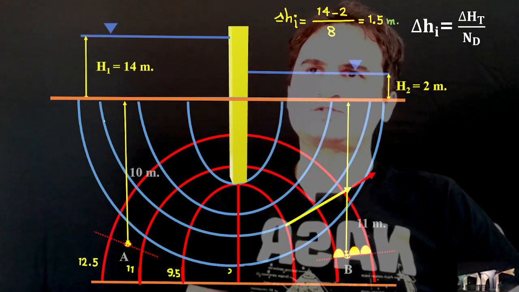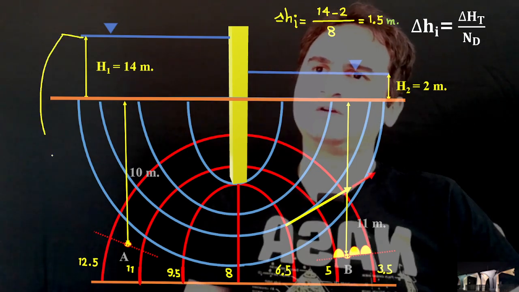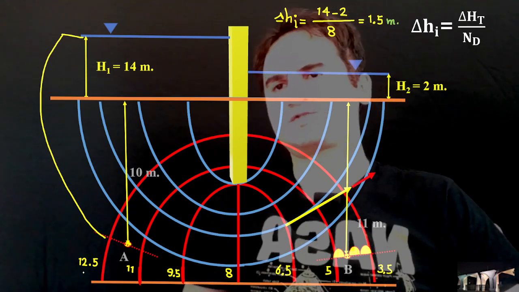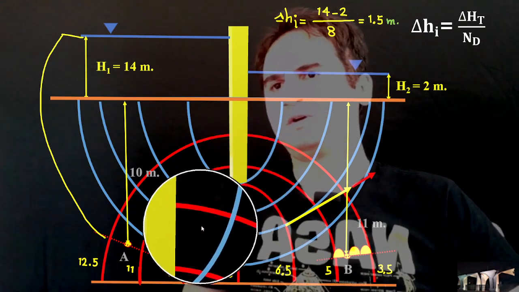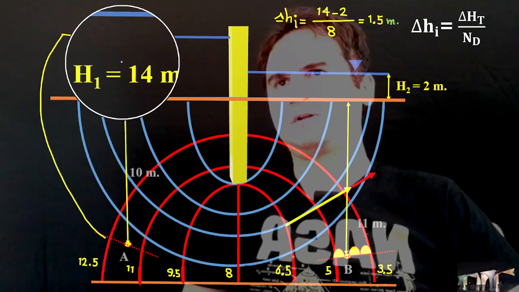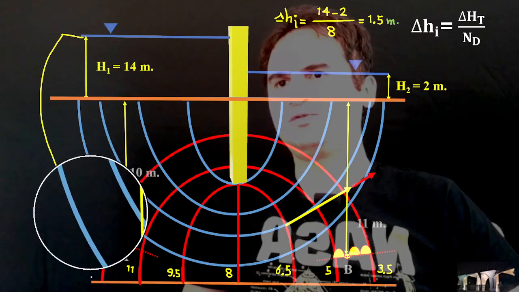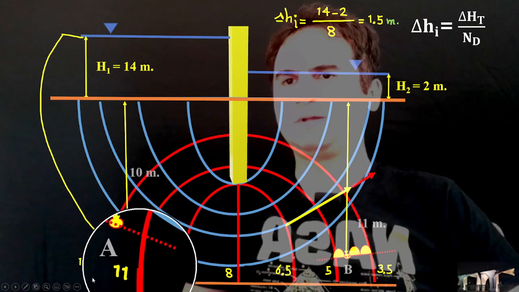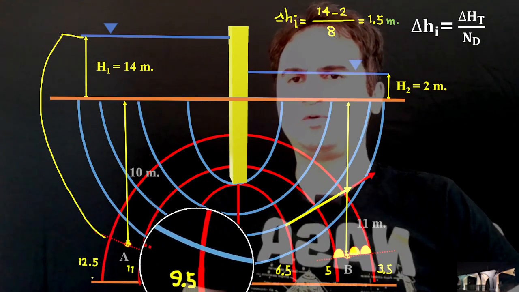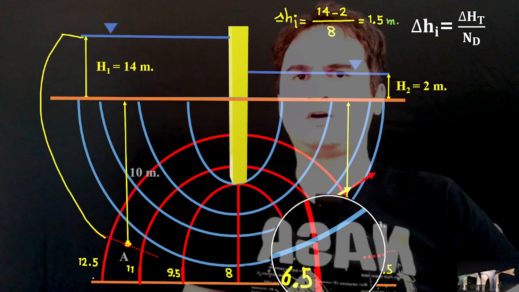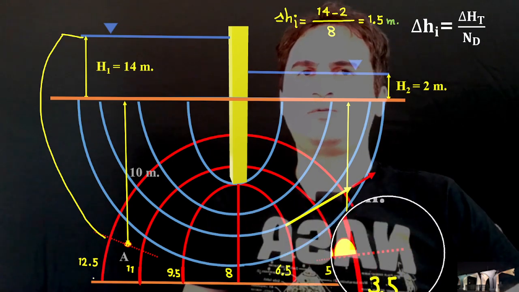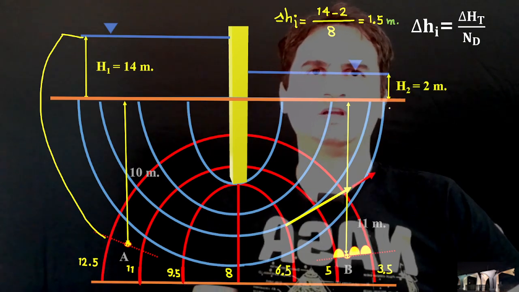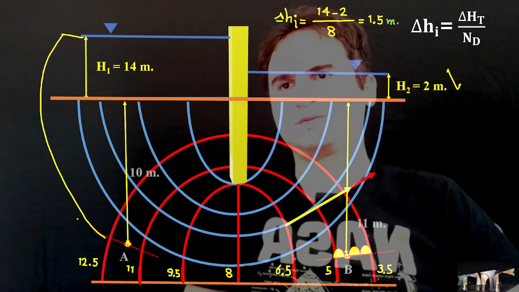If we want to construct the heads, the first drop is from 14 to the second one, which is 14 minus 1.5, so from 14 to 12.5, then 12.5 minus 1.5 is 11, and 9.5, 8, 6.5, 5, 3.5, subtracting one more head loss to reach the downstream, which is the initial head at downstream.